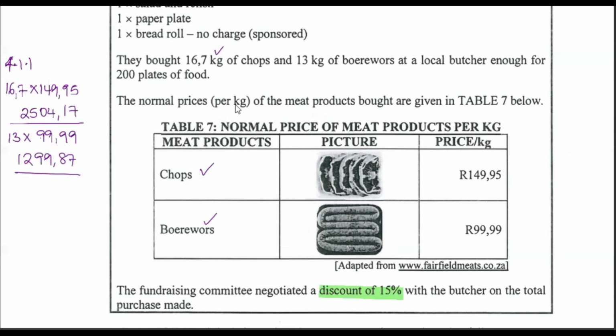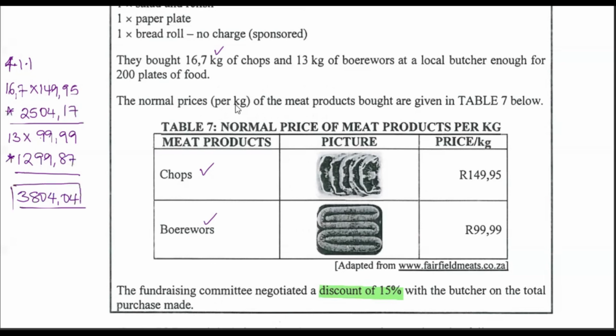So what do we do? We add these values. So 2,504 rands, 17 cents plus 1,299.87. Wonderful. They were supposed to pay this much.